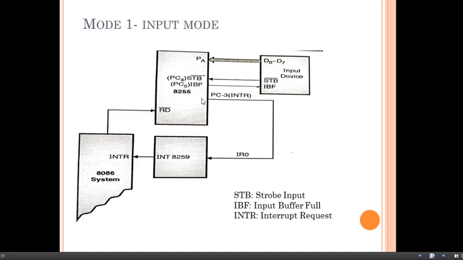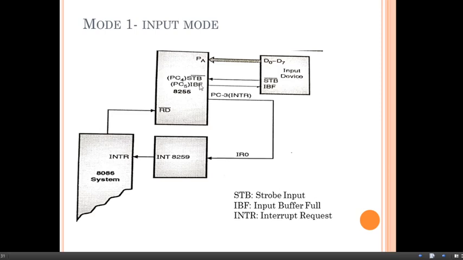The port A, port B and the handshake signals are interfaced with the peripheral. Here it is represented how the interfacing is done, and the main purpose of this interfacing is to transfer data from this input device to the CPU with the help of this 8255.